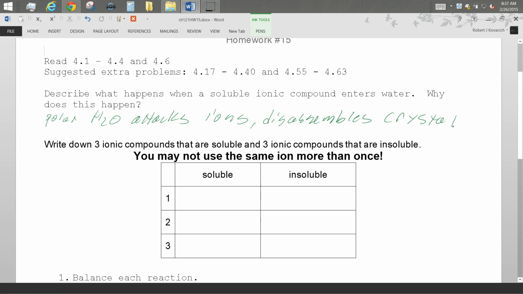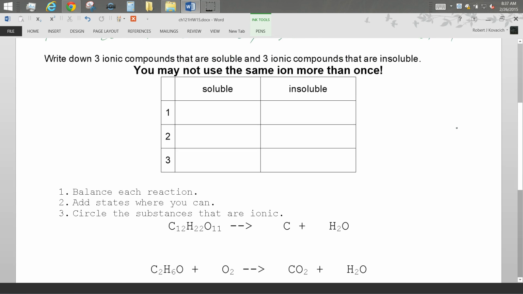Okay. All right, so somebody give me a soluble compound. Ammonium. That's an ion. Sodium chloride. Okay. All right, let's go with this easiest one first. So now we can't use sodium or chloride for the rest of this question. So give me another soluble one.